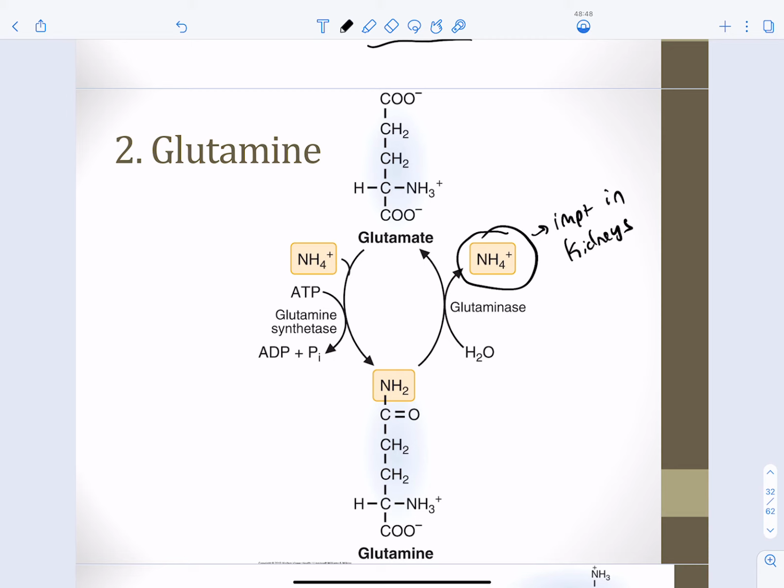So remember, when we're moving around nitrogens during fasting, glutamine would go to the gut and to the kidneys, and the nitrogens of glutamine are going to be important in balancing the acid secretions for metabolic acids that are released during fasting. Okay, so just keep in mind, the synthesis and the breakdown are made by two different enzymes.